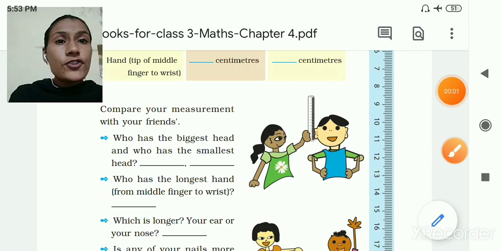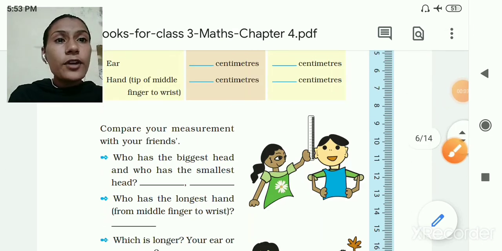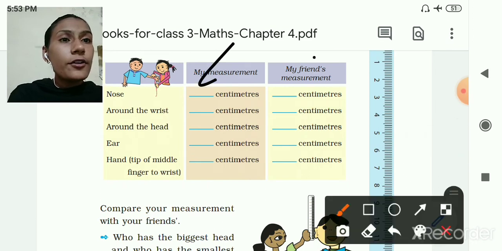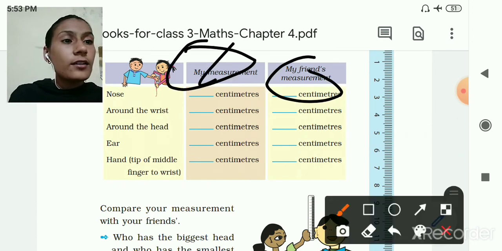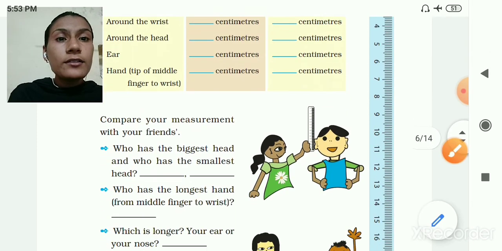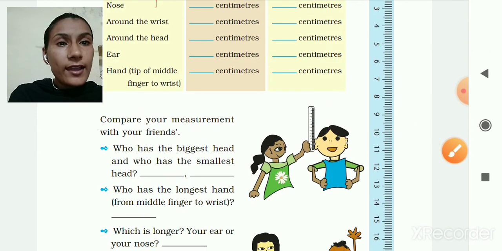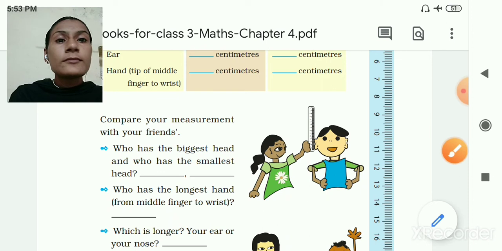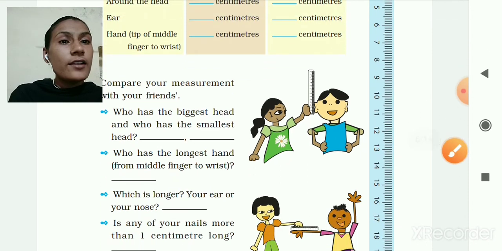Then compare your measurement with your friends. So here you have to compare your measurement and your friend's measurement. Some questions are given. Who has the biggest head and who has the smallest head? If your head is big, you can write here your name, and if your friend's head is small, you can write here your friend's name. Who has the longest hand?